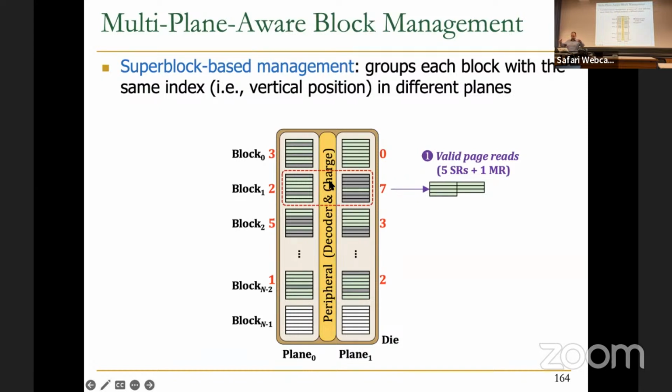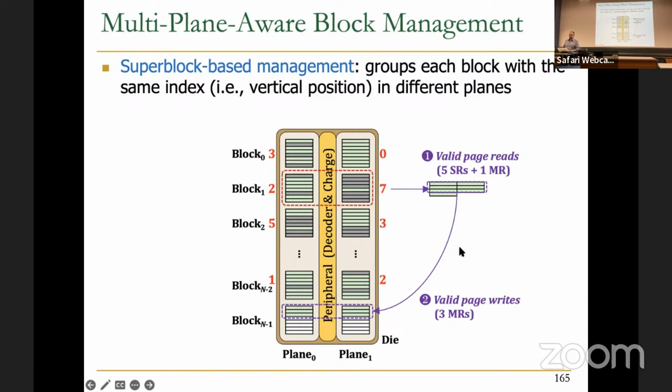If you consider it as a super block, that's our victim block essentially. And these are the valid pages that you need to copy here. So you can see that block 1 actually has a lot of valid pages in plane 0, but in plane 1, it has only 1 valid page.